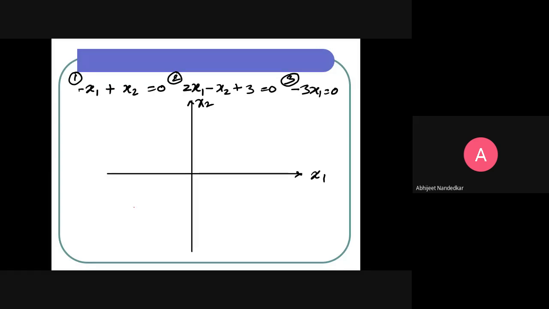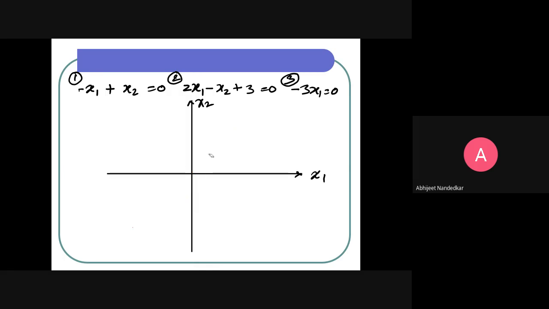So if I take the first line, it's getting a little difficult here, but let me try this.